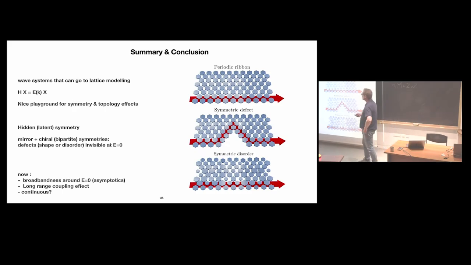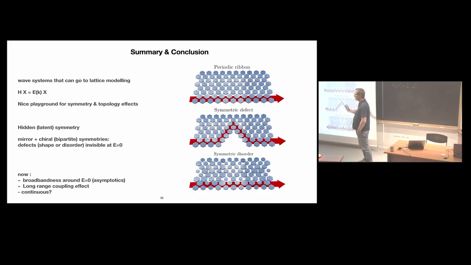So, conclusion. It was the invisibility at zero energy for this type of waveguide, a ribbon of lattices. A nice playground for symmetry, with latent symmetry. We have even tried to make it continuous. It's very difficult.